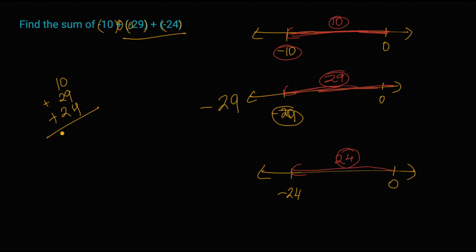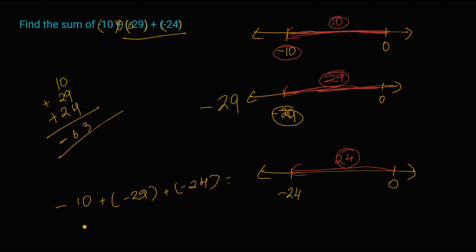So you're going to get 63. Now, since we found that out, we're going to put a negative sign up there and say negative 10 plus negative 29 plus negative 24 equals negative 63.